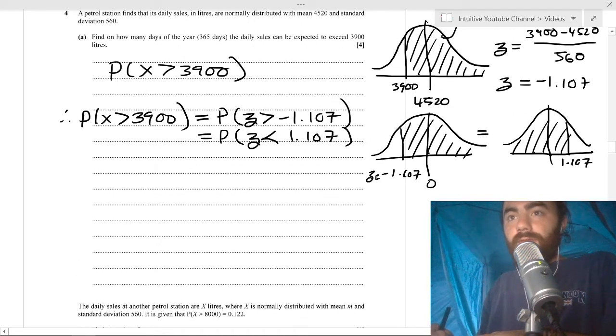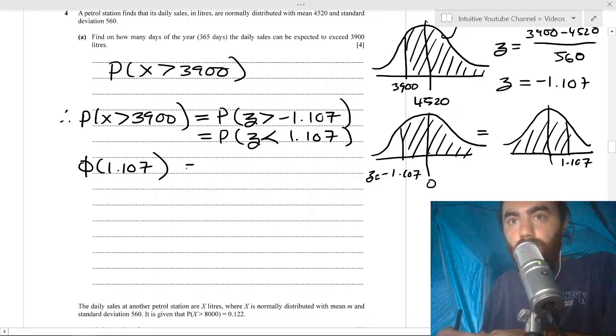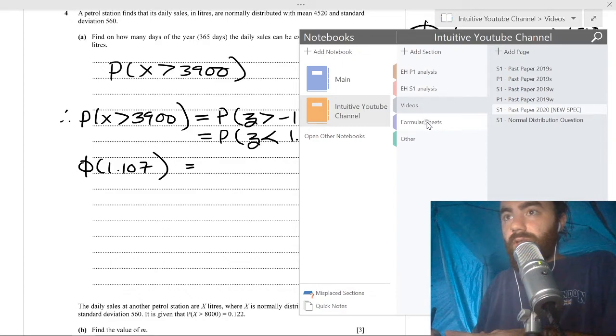So all we have to do is find this, and this can be found on the table in your formula sheet.